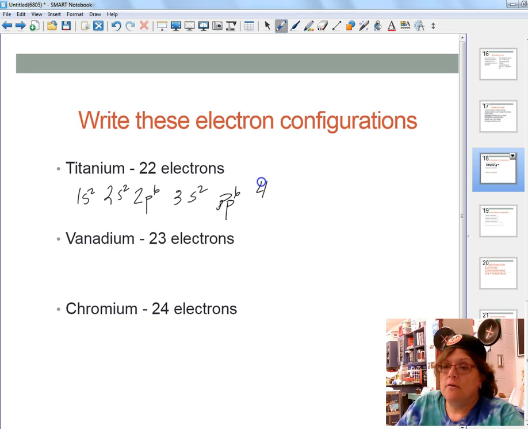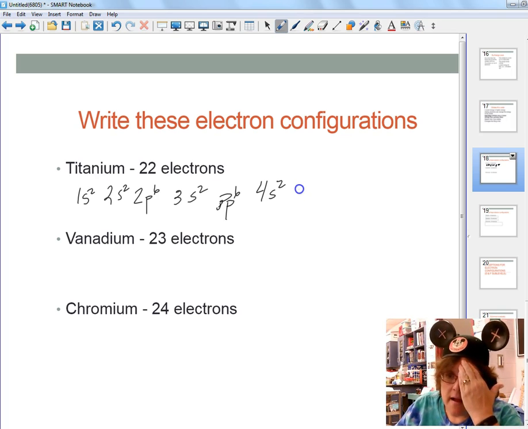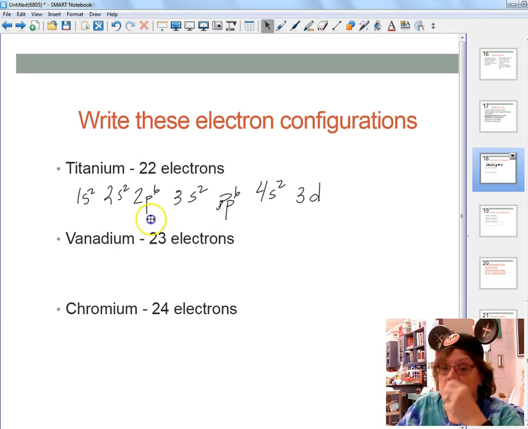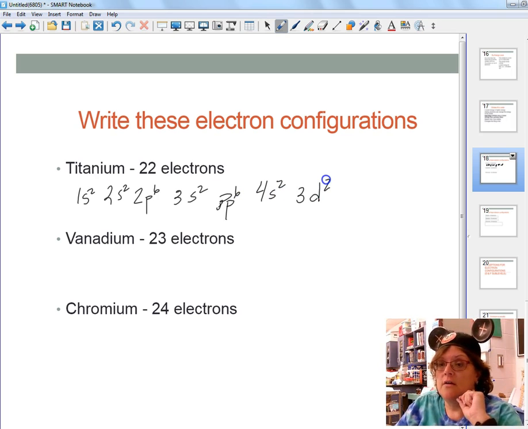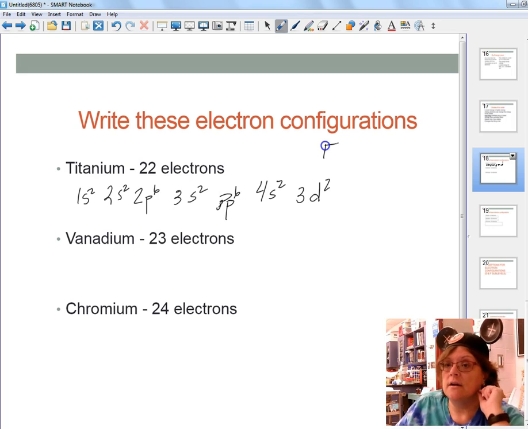The fourth energy level has 2 s's, and then we get back into the third energy level in the d level. Let's count our electrons. 2 plus 2 is 4, plus 6 is 10, 12, 18, 19, 20. We need 2 more electrons. There'll be 2 d electrons.